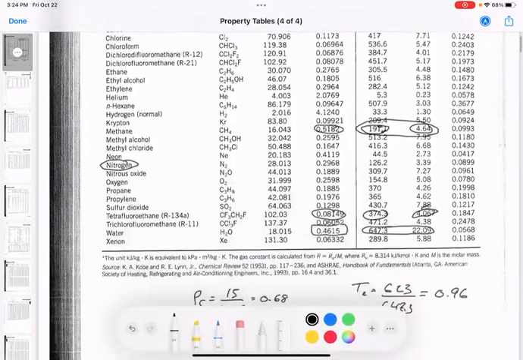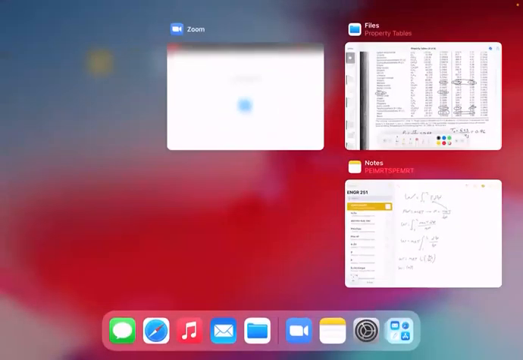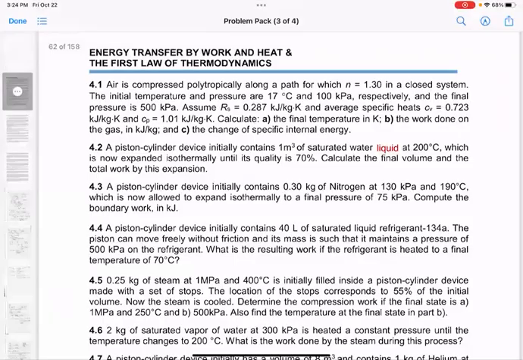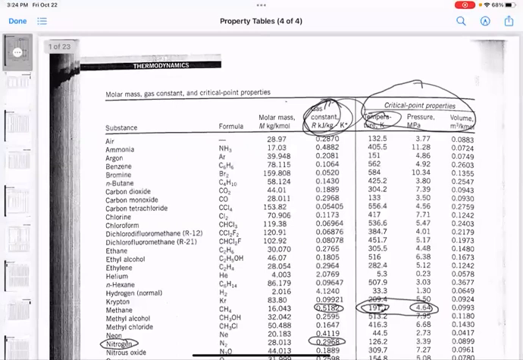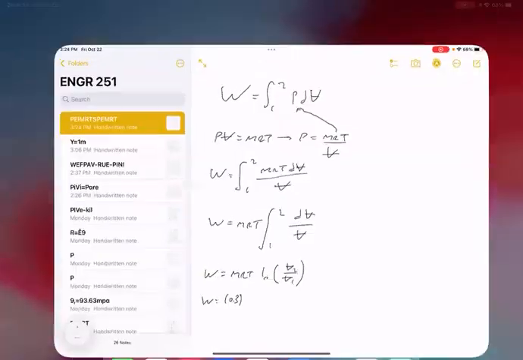R is this third column here, 0.2968 kilojoules per kilogram Kelvin. Let me just make sure that it was nitrogen. Yeah, nitrogen. So 0.2968 kilojoules per kilogram Kelvin.